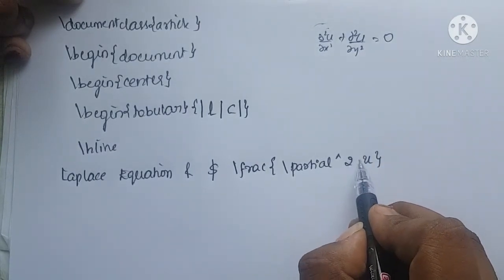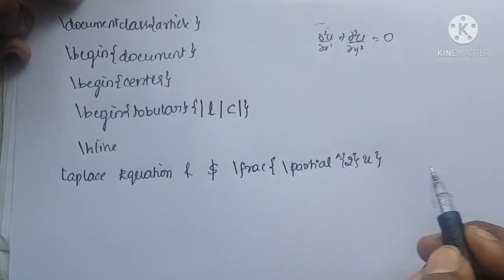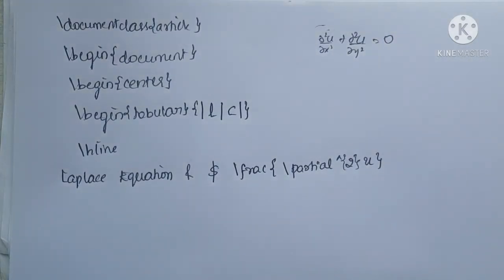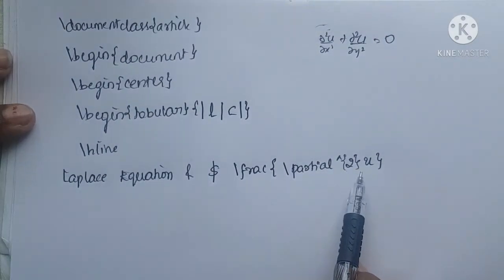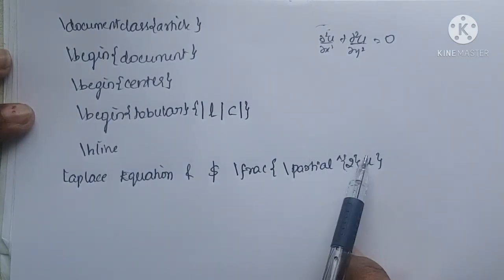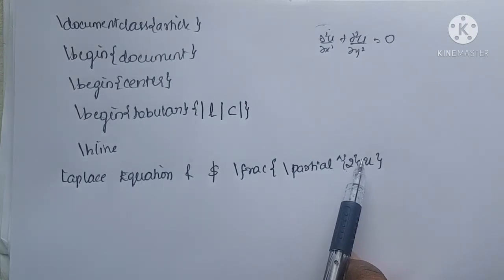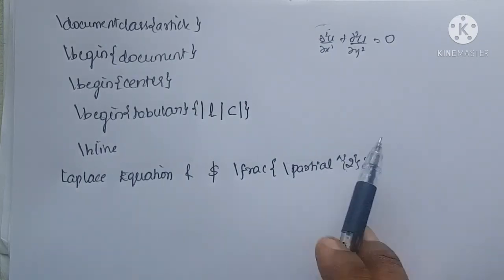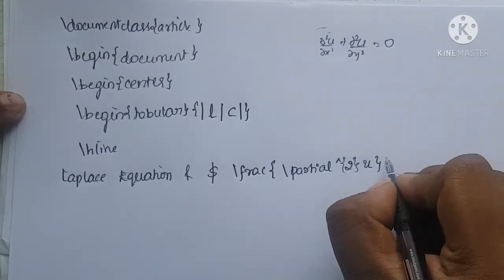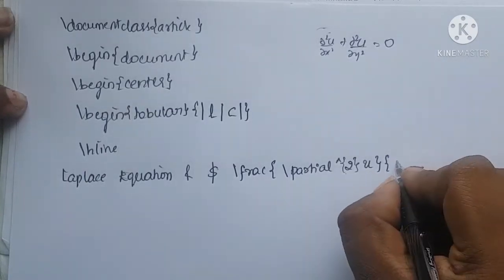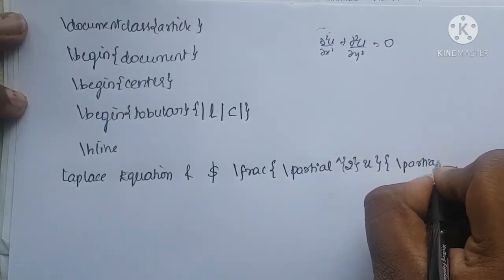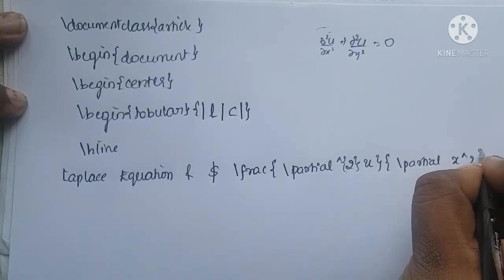If you want, you can use flower brackets for this also. In order to avoid confusion, you can also use flower brackets. Even if you don't use them, you are going to get the output. Try once using flower brackets, and once without. So this is about the numerator. What is the denominator? Dou x square, backslash partial x, caret 2.